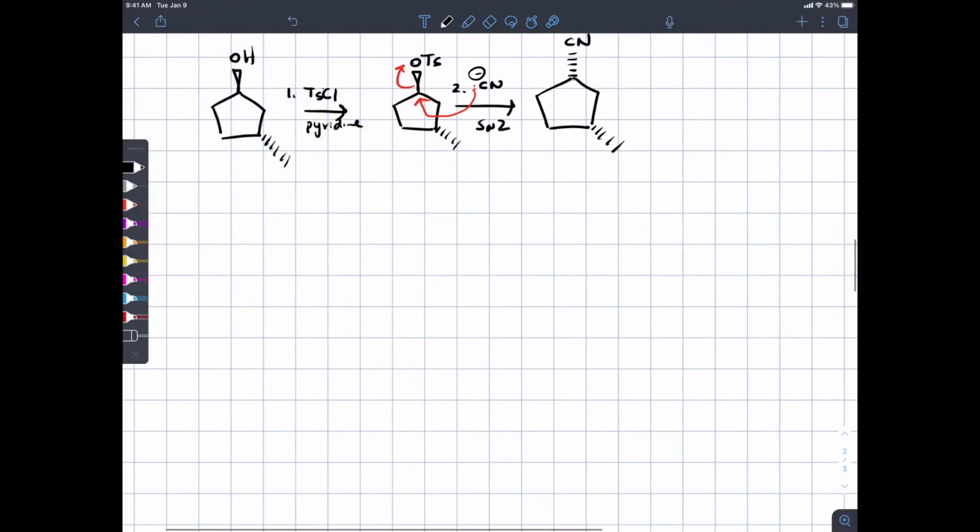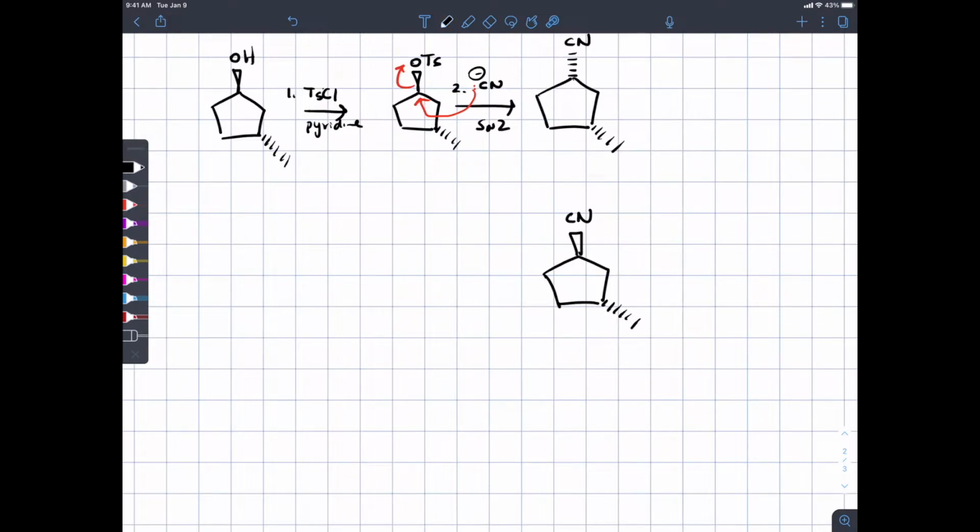Right? Now, what if I wanted the diastereomer? What if I wanted CN- to be up? Then I can't use the tosylate method because when CN- comes in, the tosylate has the same stereochemistry as the alcohol, so CN- is going to come in from the bottom.